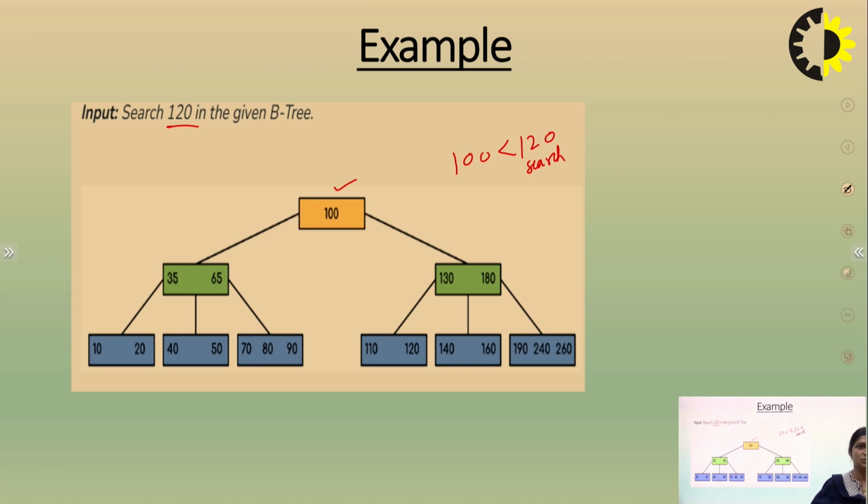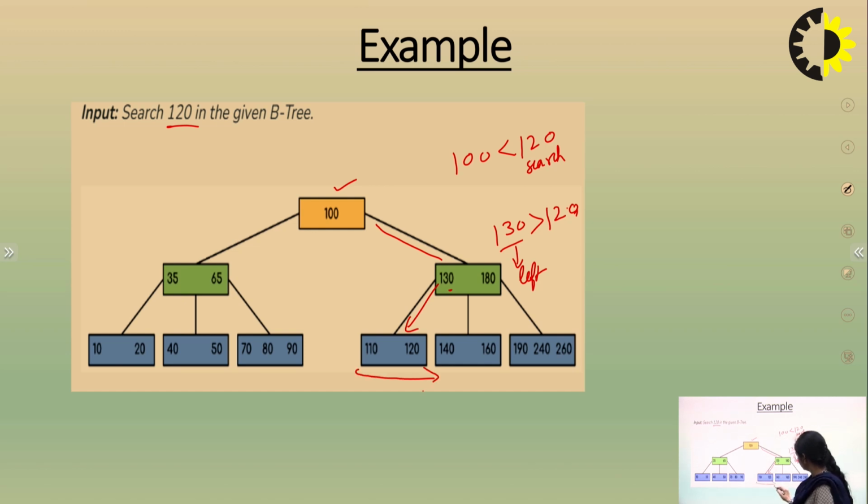So we will traverse on the right hand side, or right subtree. On the right hand side, we will see that this 130 is greater than 120. So we will traverse on the left hand side of this 130. Right? We will go here.